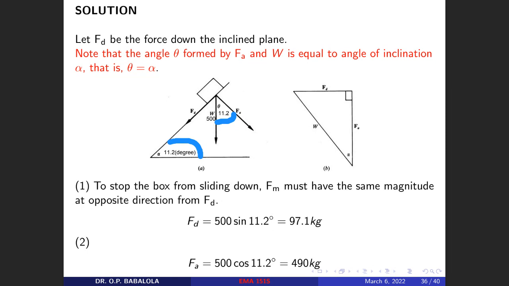I want to draw the arrow. Should it point to the left or to the right? Okay, yes, you're correct. So it points this way. And FA, what direction? Should it point downward or upward?